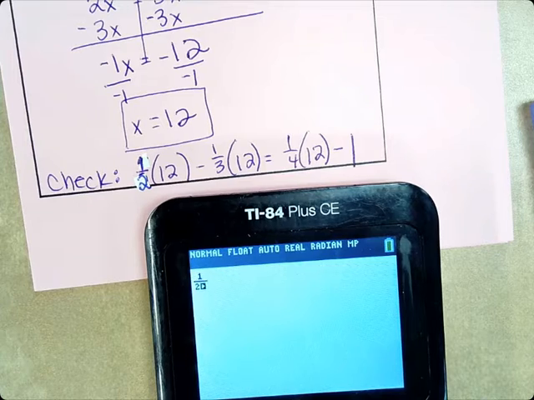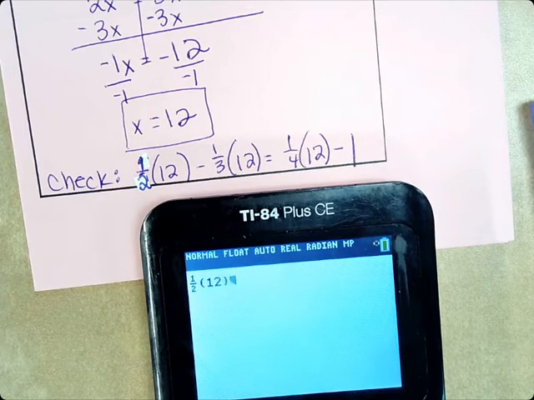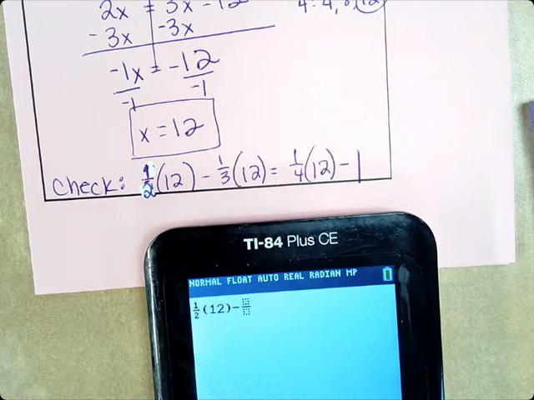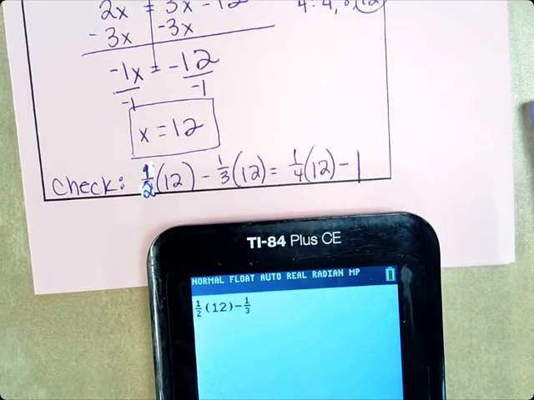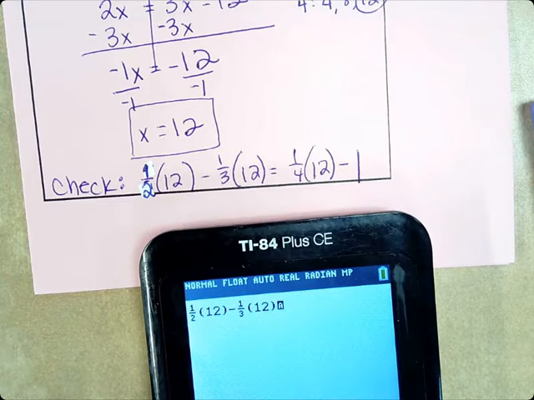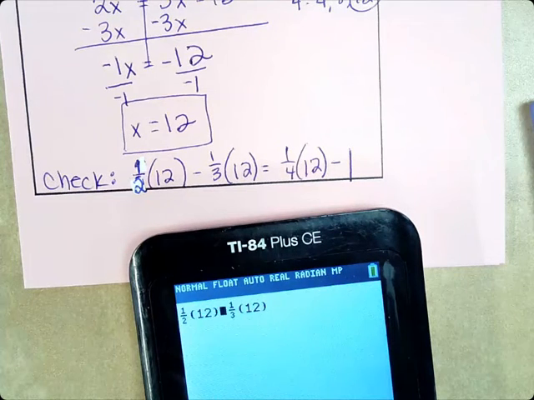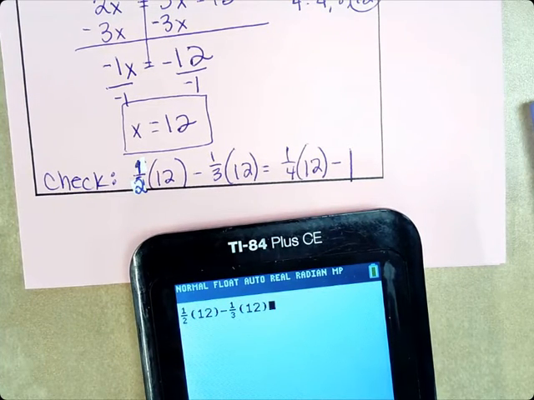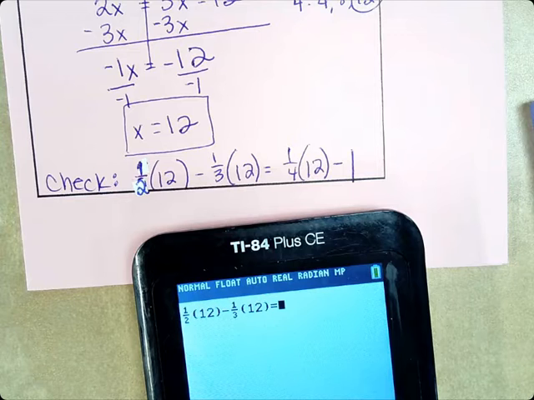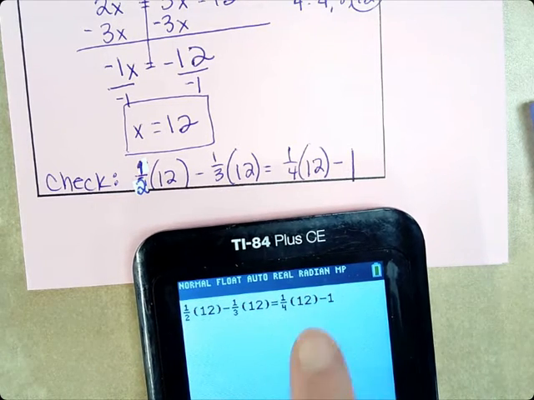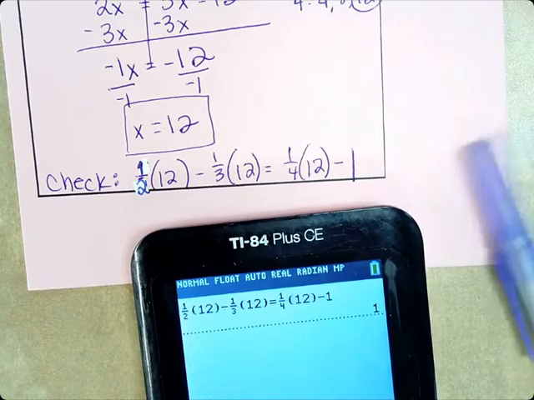So 1 over 2 times 12 minus 1 over 3 times 12 equals 1/4 times 12 minus 1. Make sure you're putting in minus in there, not negative. And that worked out.